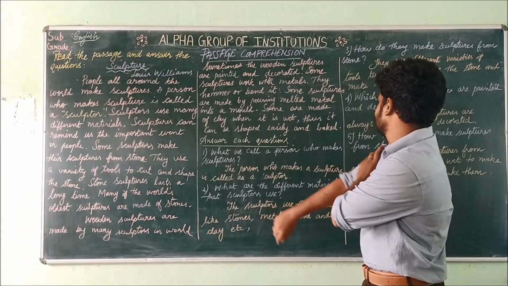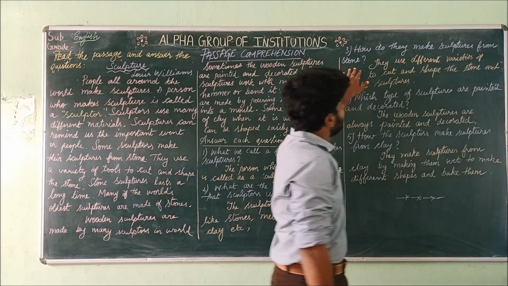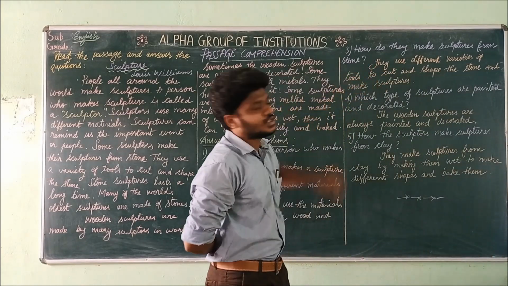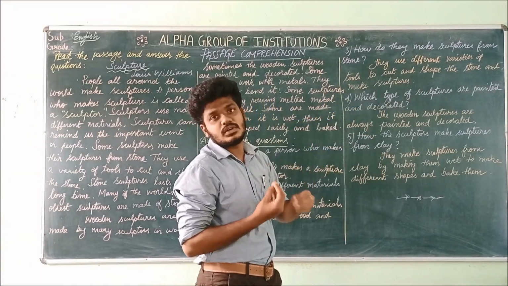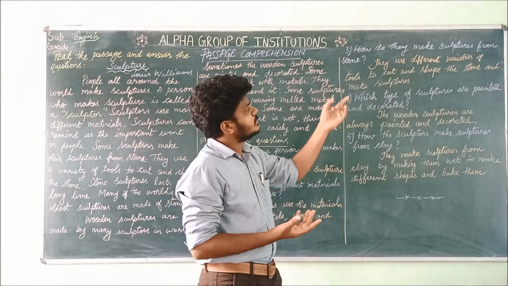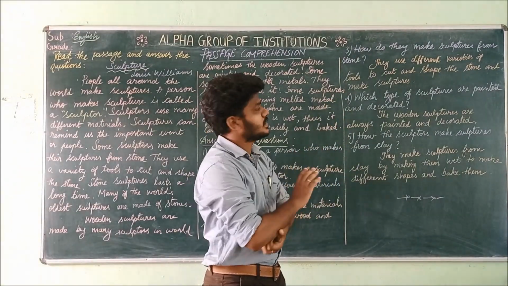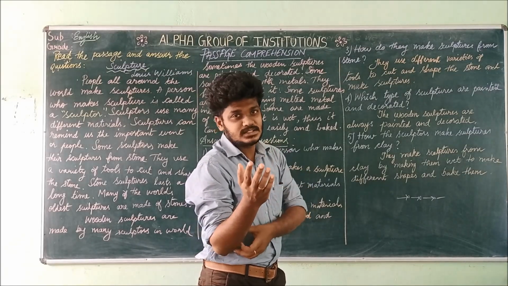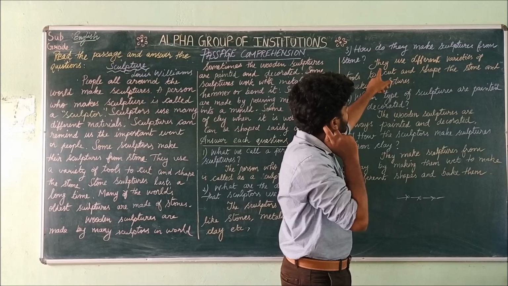Clear? Yes. Look at the third question. How do they make sculptures from stone? So, what's the question? How do sculptors make sculptures from stones? For that, you all know the answer. I have written the answer. Just take a look at this.